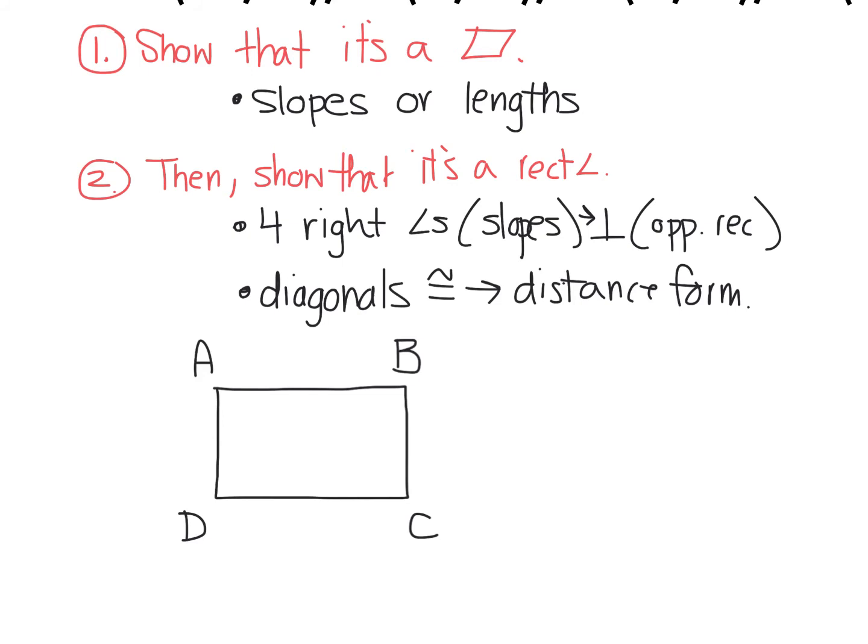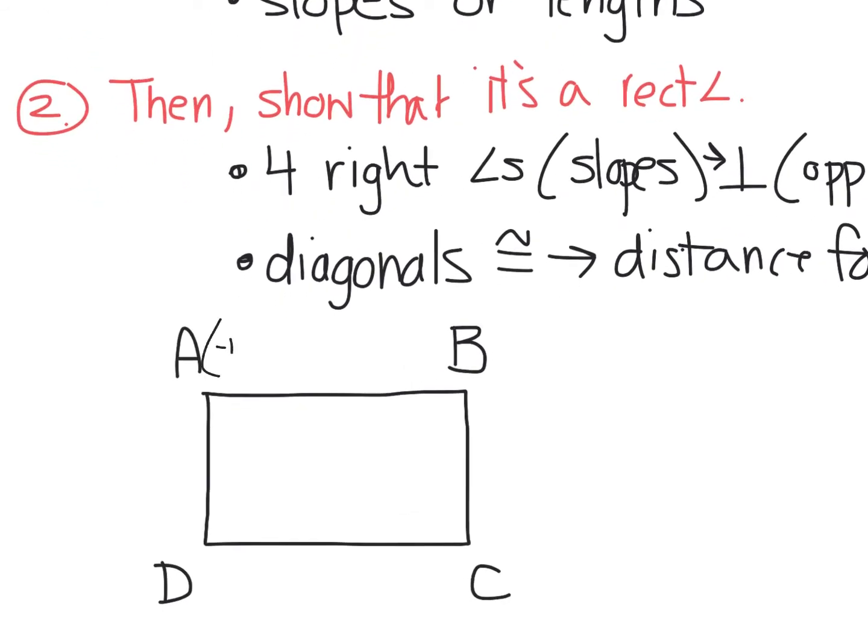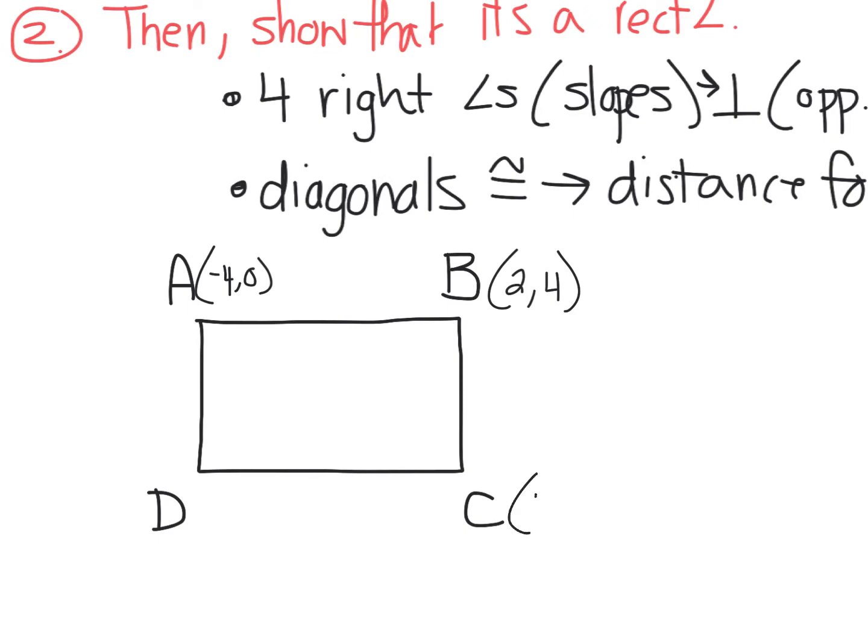I can't go A, B on top and then left to right go C, D on the bottom. That would be bad. All right, so A is at -4, 0. B is at 2, 4. C is 4, 1, and D is -2, -3.